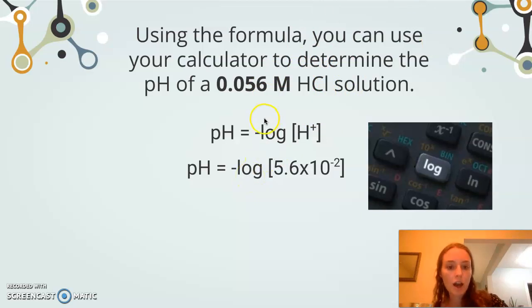So the pH of this 0.056 molar HCl, I would find my negative symbol on the calculator, click negative, and then click log, and make sure you're not clicking minus, you're clicking negative. And the Google calculator should have this as well if you don't have a calculator on you. But click negative, log, and then this, and make sure to use your exponent functions correctly as well. And if you're confused at all, try your best on these practice problems.